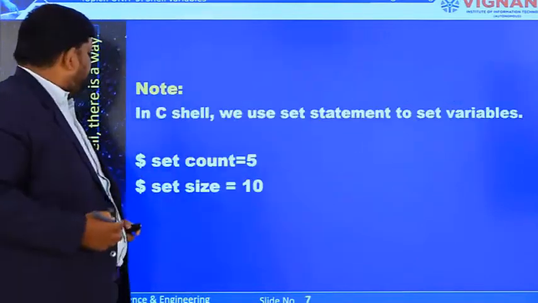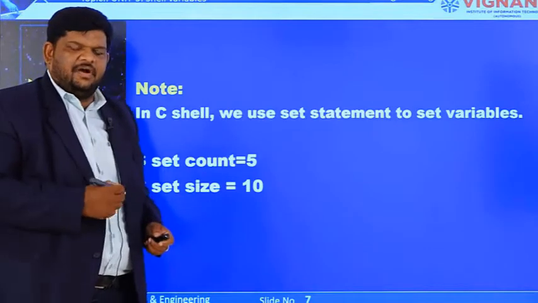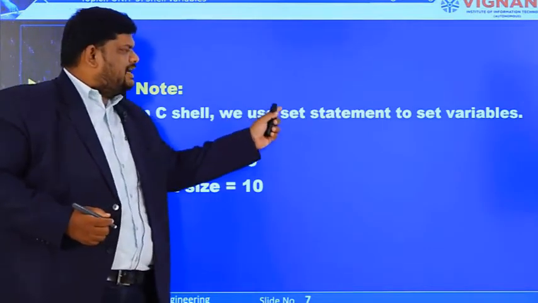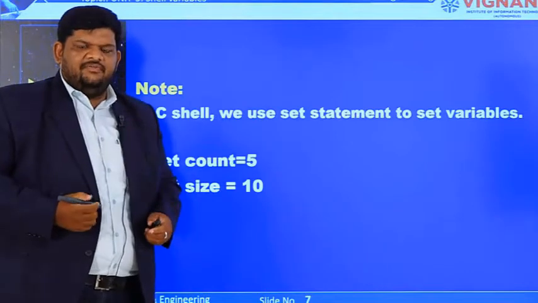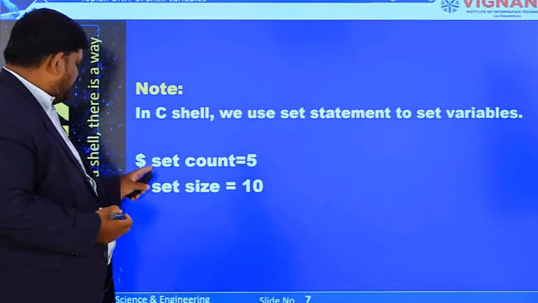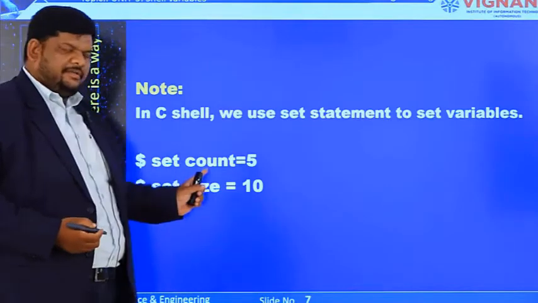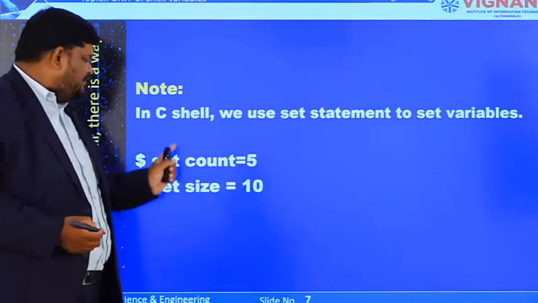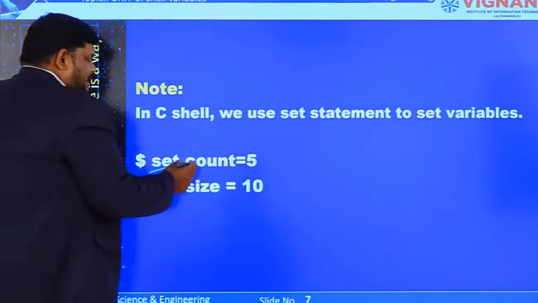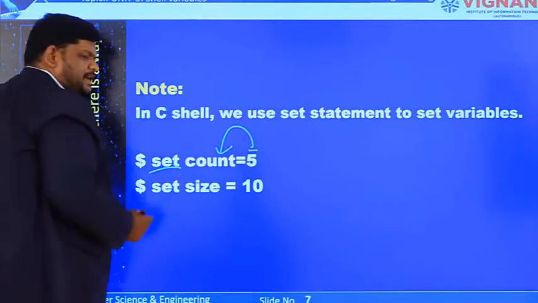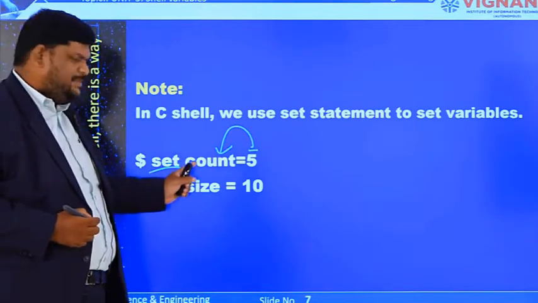Now let us see a small comparison between the Bourne shell and the C shell. In C shell we use the set command to define a variable, whereas in Bourne shell there is no need to write the set command. Here we write set space count is equal to 5. With the help of the set command it sets the value 5 to the variable count.